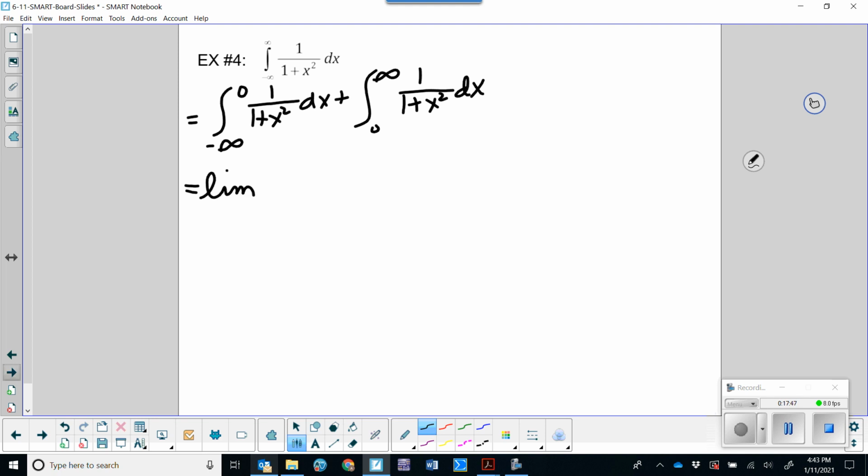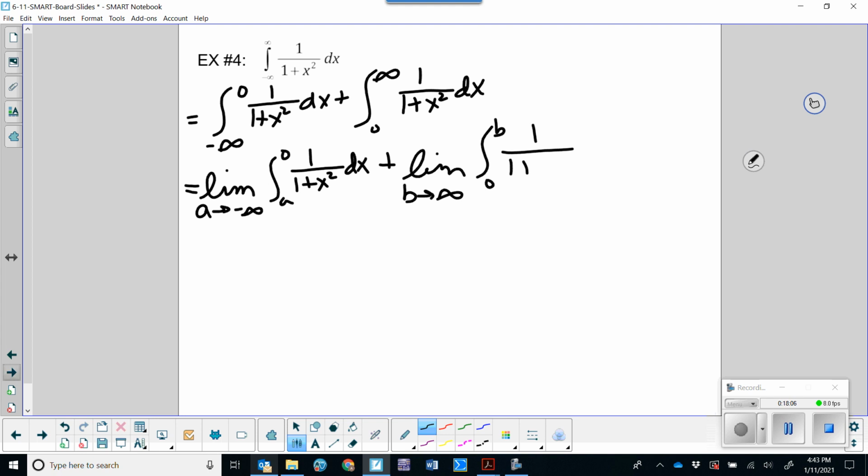So this will be the limit as a approaches minus infinity, integral a to 0, 1 over 1 plus x squared dx, plus the limit as b approaches infinity, 0 to b, 1 over 1 plus x squared dx.